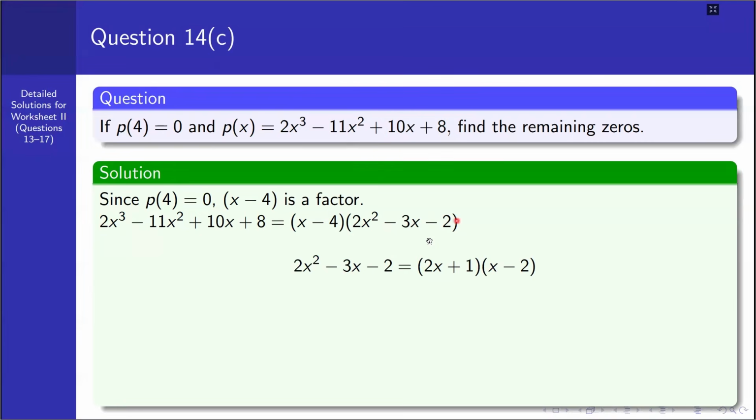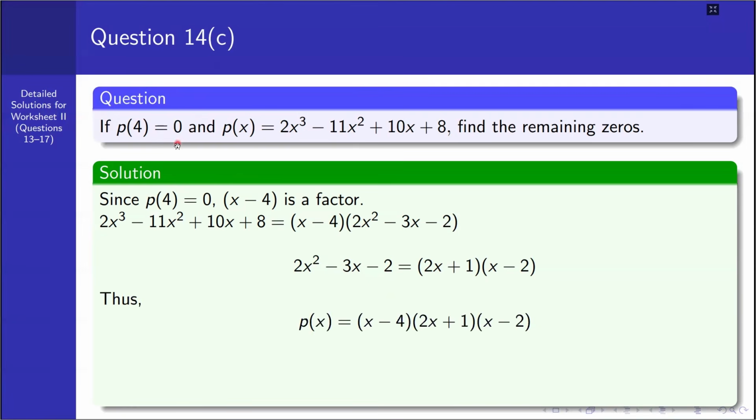To find this, we look for two real numbers that add to minus 3 and multiply to minus 4, so that we get 2x plus 1 and x minus 2. So the roots are x equal to negative 1 over 2 and x equal to 2, and here I have x equal to 4, which is given from the question itself.